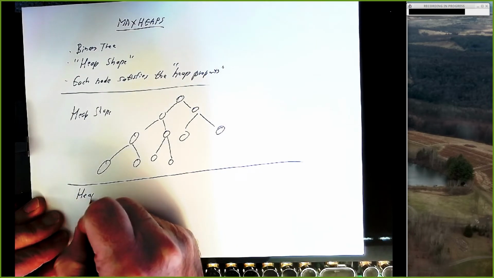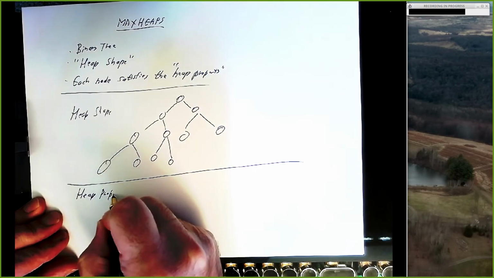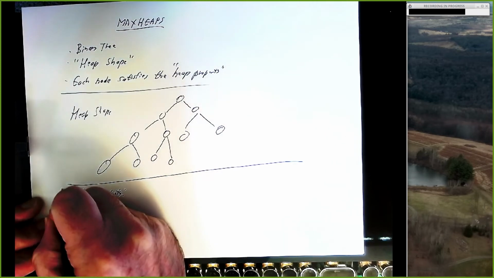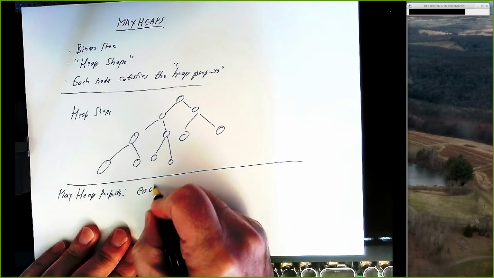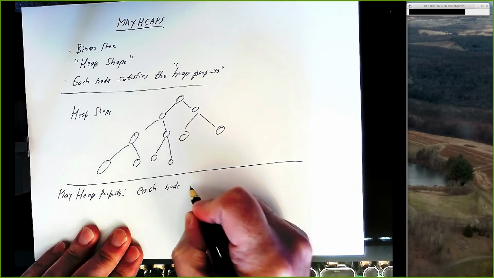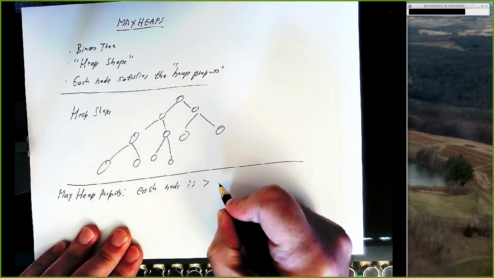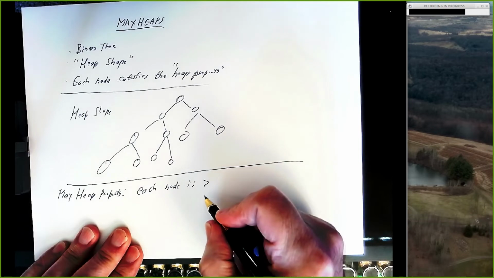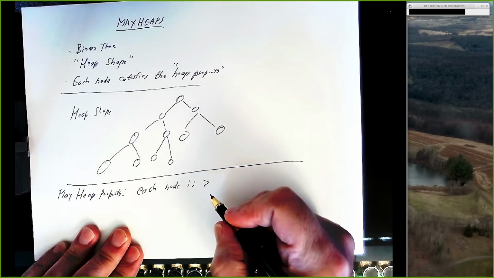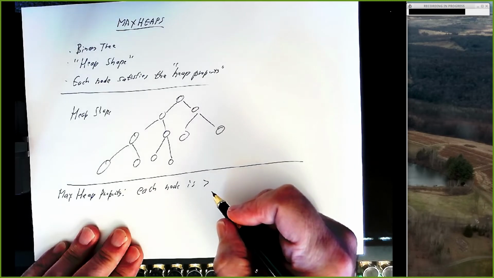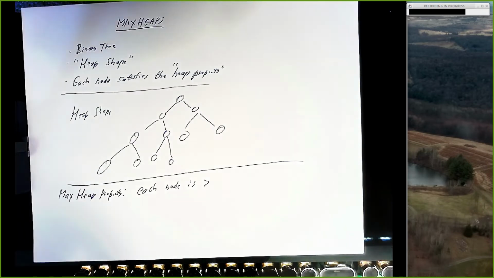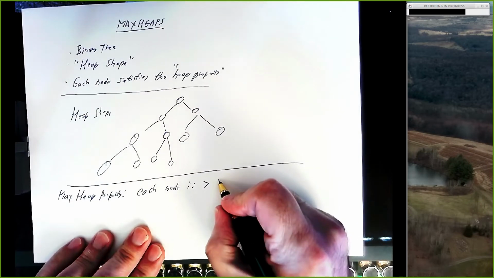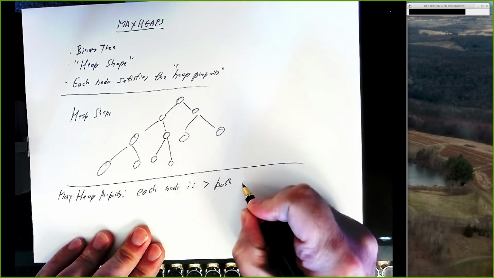The heap property, and this is for a max heap: each node is bigger than, I'm just going to say bigger than. I think we can do heaps where there's multiple occurrences of the same number, but I'm not going to get into that. So we'll just say each node is bigger than both children.